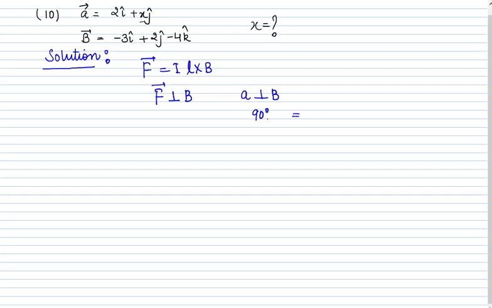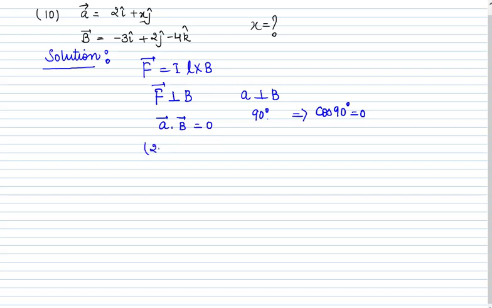And we know that cos 90 degrees is 0. And cos theta comes in the dot product. So if you take a dot product between the two vector quantities, acceleration and magnetic field, then it will be 0. So the dot product of A and B will be 0. This is simple physics you have to apply to solve this numerical. Now you have the value of A, you have the value of B, then take the dot product.